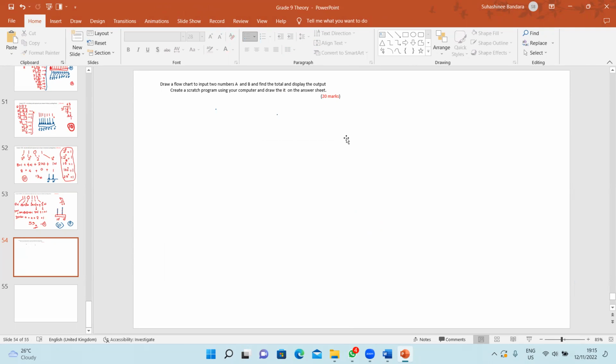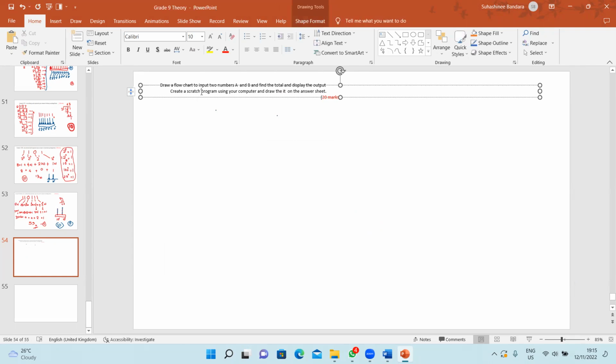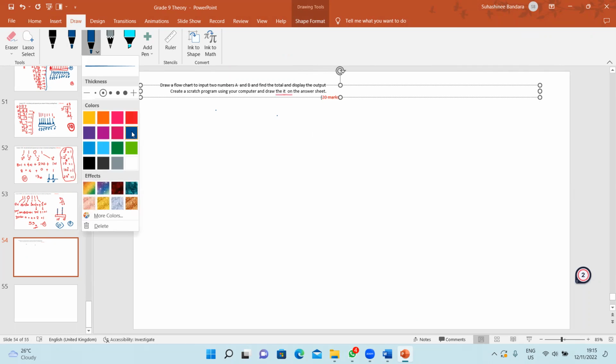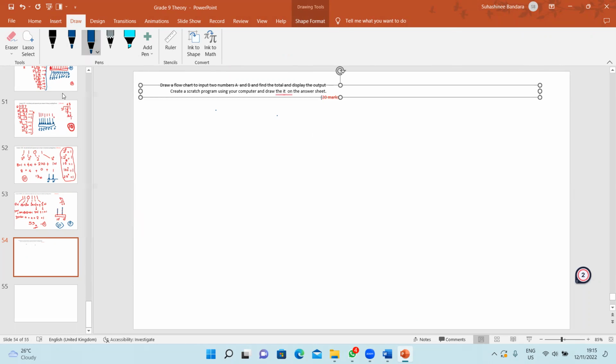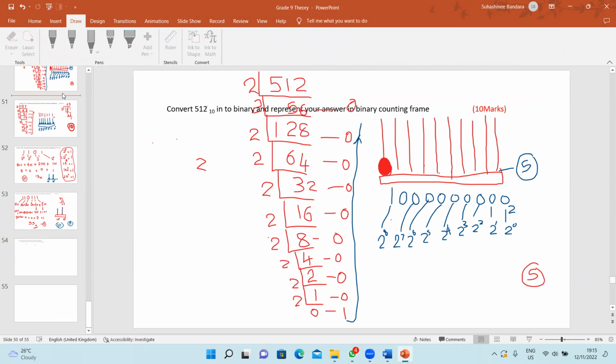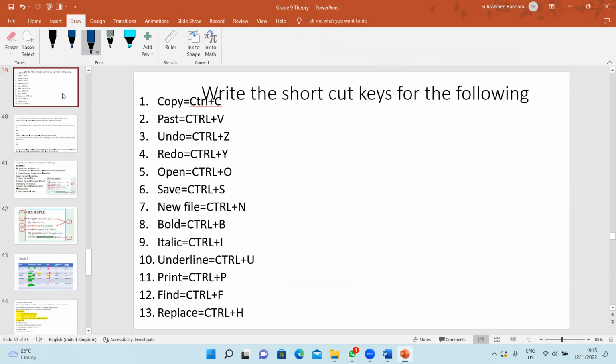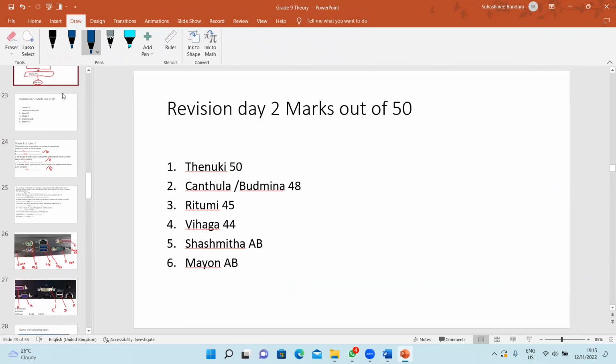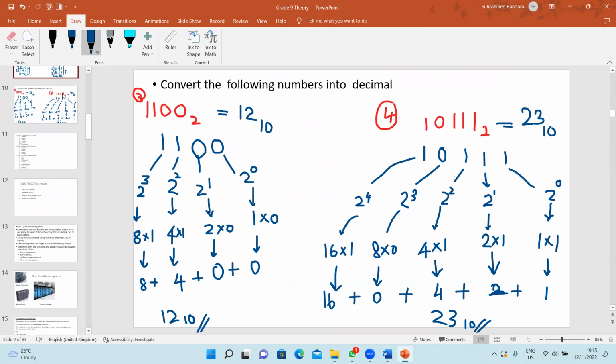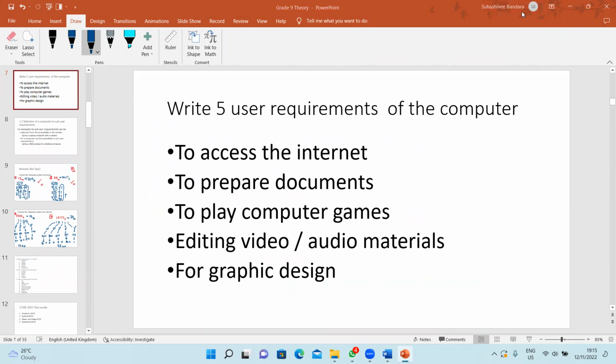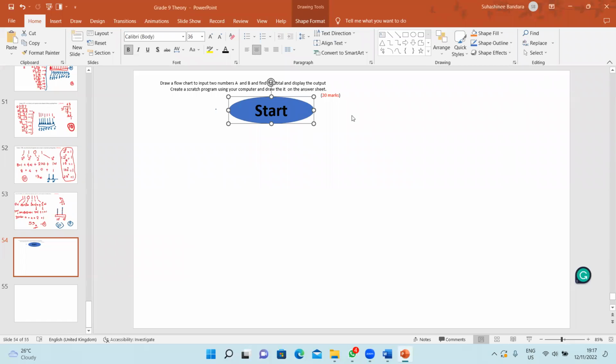How to make the flow chart? How to start the flow chart? Can you remember? We have done so many times. Tell me the symbols. Starting should be what shape? Okay, so start, then ending or stop, also oval shape.